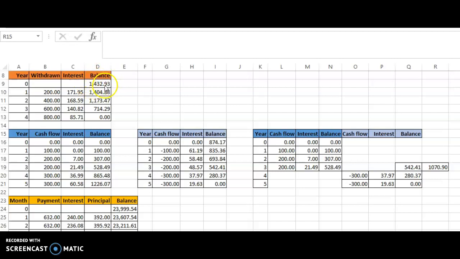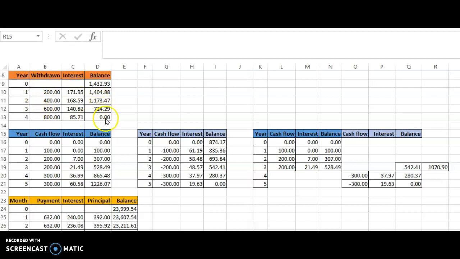So I'm going to demonstrate this. What does this mean? It means that if you have this balance now and you withdraw 200, 400, 600 and 800, at the end of the fourth year, you will have 0 balance in the account. Okay, let's go through this. So this will help you understand what we mean by present value of these cash flows.